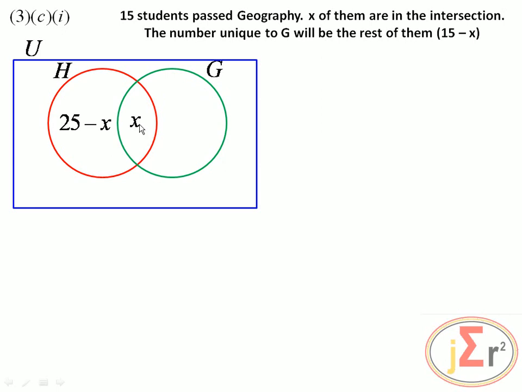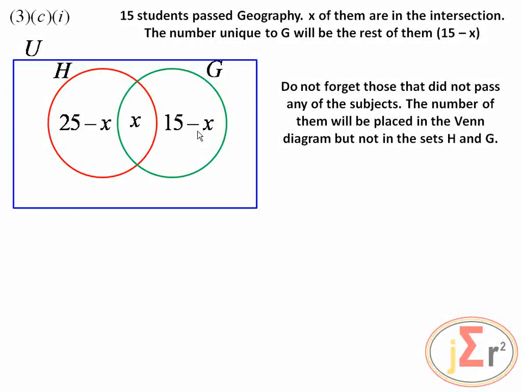X of them we have in the intersection, hence also in the set of those who passed geography. Therefore, the rest of the 15 will go here, which is 15 minus x.